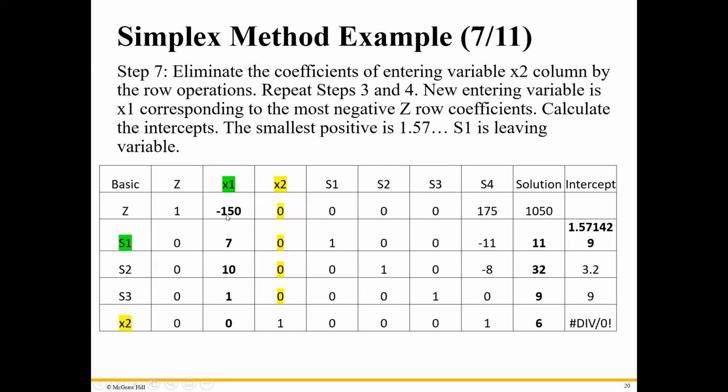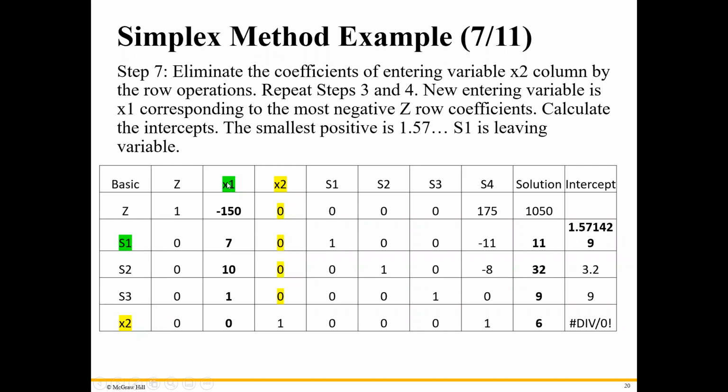But there is still a negative value, which means we can still find the optimum solution. Since this is the only, and so the most negative value, in our next step x1 becomes the what kind of variable, entering or leaving? Entering. Yes, x1 becomes the entering variable.